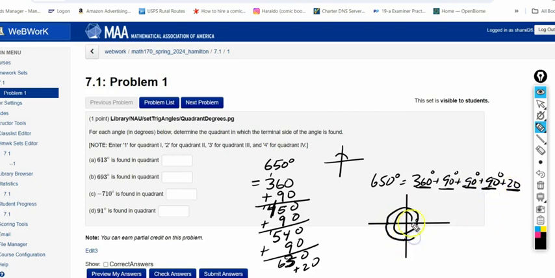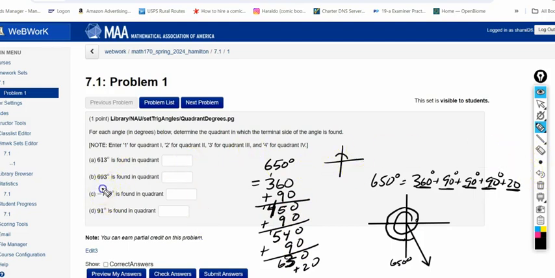So a little bit more there. And so that's what my angle 650 degrees looks like. And that would be in quadrant 4. Okay. So that should give you an idea of how to break these up.